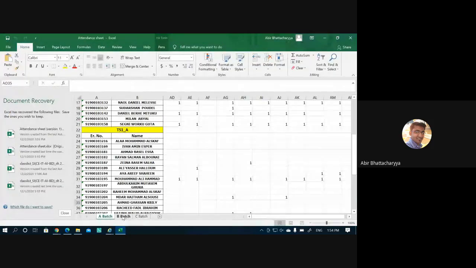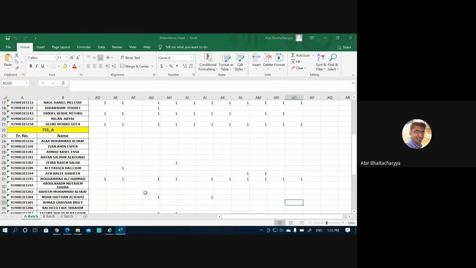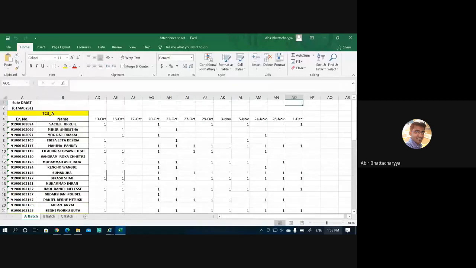Okay, I think it's A batch. So let me check who is there. I think Sachit is present. Suman is there. Mahima is there also.